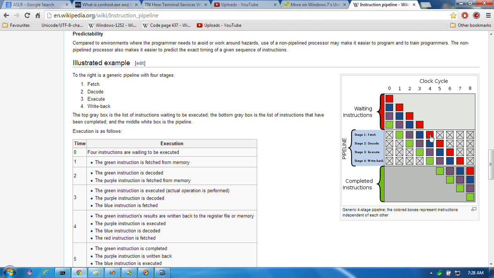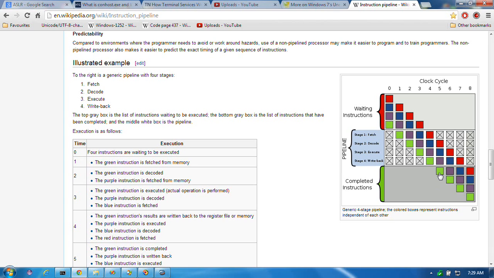And then on the next cycle, the first instruction is doing write back, if there's any writing back to be done. But all instructions will have a write back part, even if it doesn't do anything. The third instruction is being executed, the second instruction is being decoded, and the fourth instruction is being fetched.